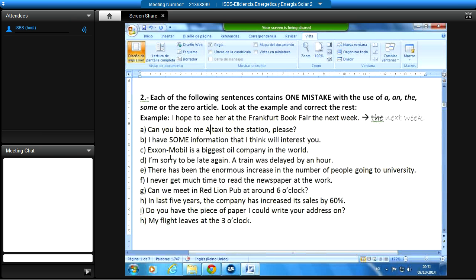Good. Exxon Mobil. Do you remember this? What is biggest here? Well, yes, Exxon Mobil is a kind of petrol company. But the thing is, what is biggest?